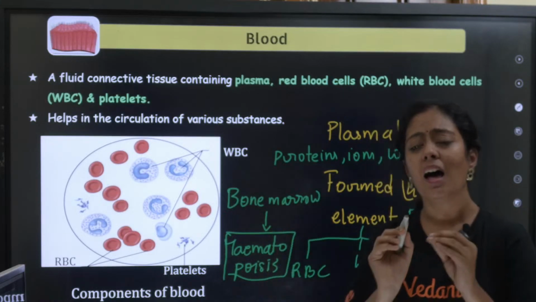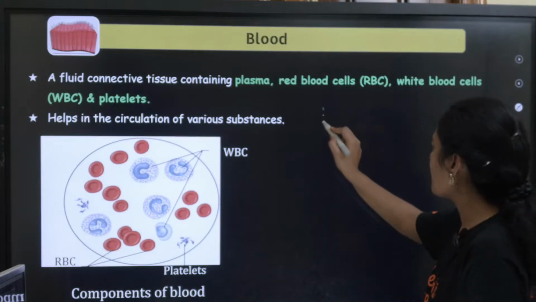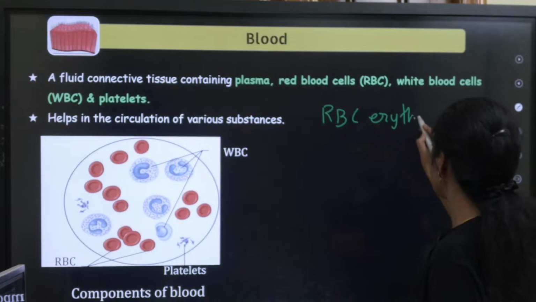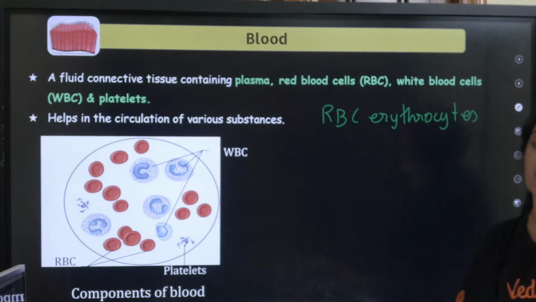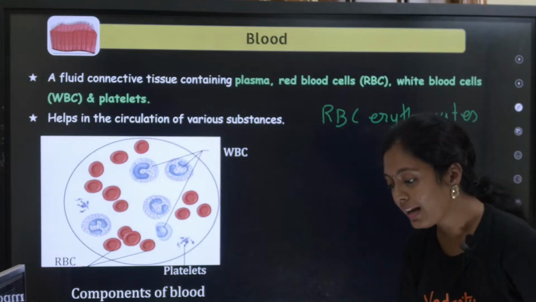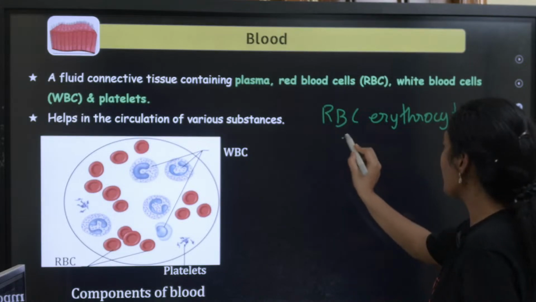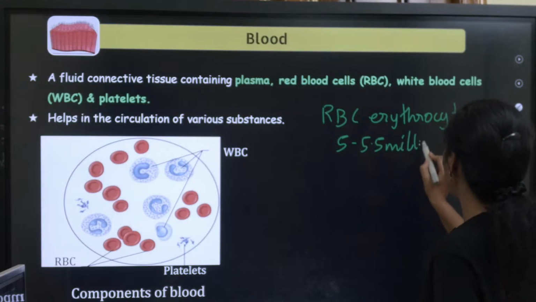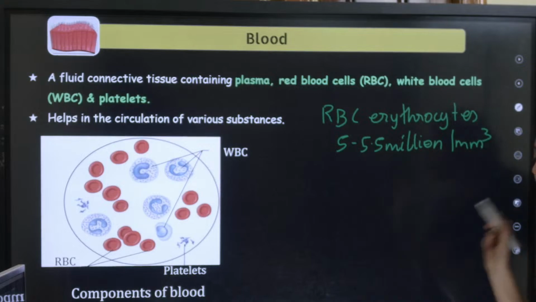Now the RBC, WBC, platelets. You tell me, what is the function of RBC? We call RBC erythrocytes, correct? Let me quickly give you a revision of Body Fluids and Circulation here. You have around 5 to 5.5 million RBCs per mm cube of blood.